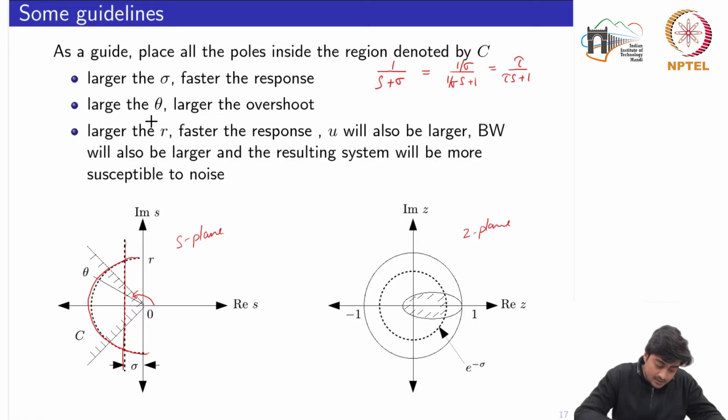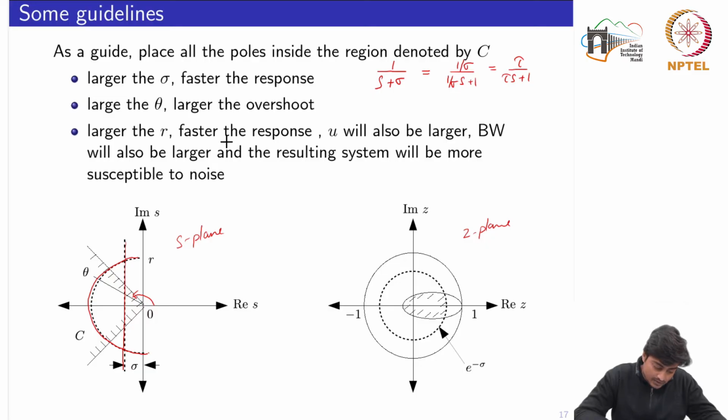But if we have a larger theta, larger the overshoot. If we have a larger r, the response of the system would be faster. With the faster response, as we had noted in some tutorial problems, if you recall some of the problems we discussed as a part of the tutorial on controllability, if we want to reach some desired state value in t1 amount of time, the lesser the time t1, the faster is the response and the larger is the energy.